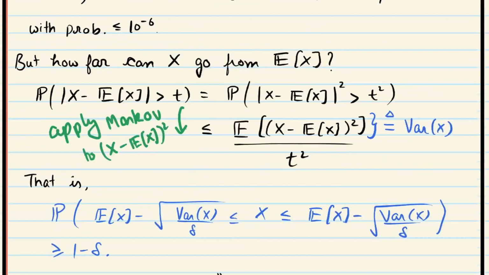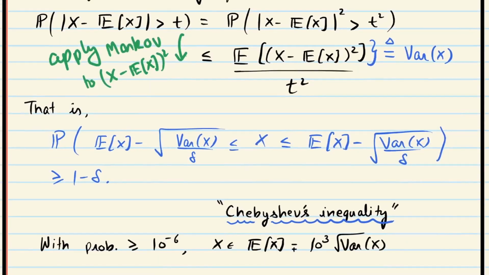So this gives us the following bound, which is very useful and sometimes is called Chebyshev's inequality. At least in this course, we'll call this Chebyshev inequality throughout. It says that a random variable x lies between its expected value plus minus some error. What is that error?